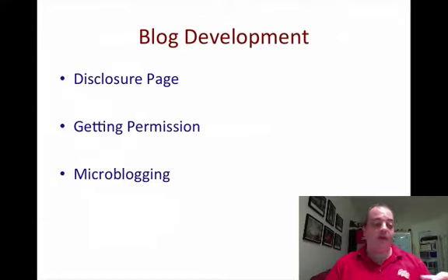For example, when I first joined Sacred Heart University back in August of 2013, so roughly 10 months ago, one of the things that I did when I joined the faculty was I talked to my dean about my blog and what I used my blog for and the types of things I posted on my blog, because, while my opinions aren't necessarily representative of the university, I'm not speaking on behalf of the university, because I'm not an administrator within the university environment.